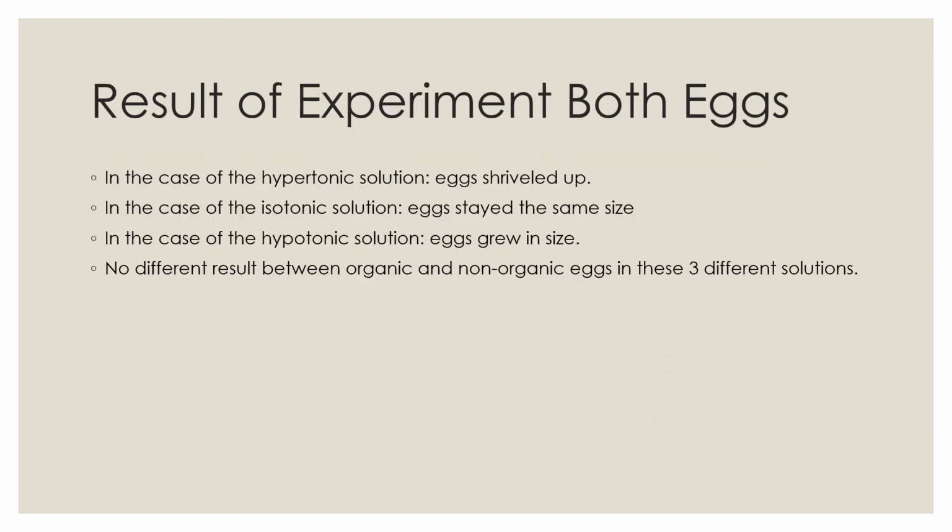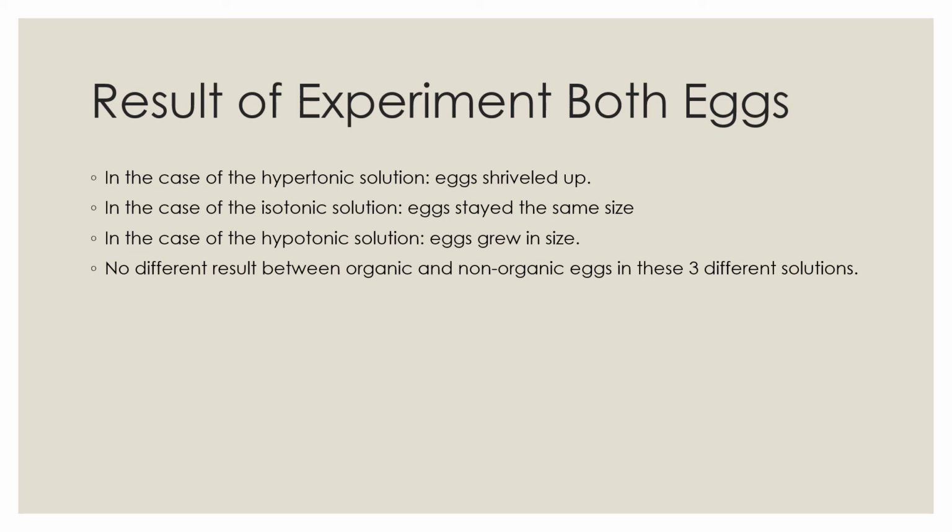So as I mentioned earlier, it's interesting that there is no different result between organic and non-organic eggs. Even when the start weight of the eggs is different, at the end the percentage change in weight is the same.